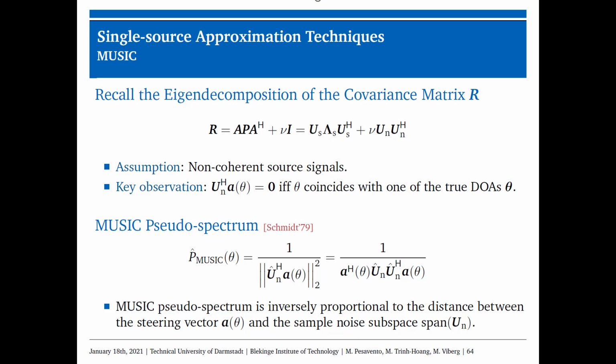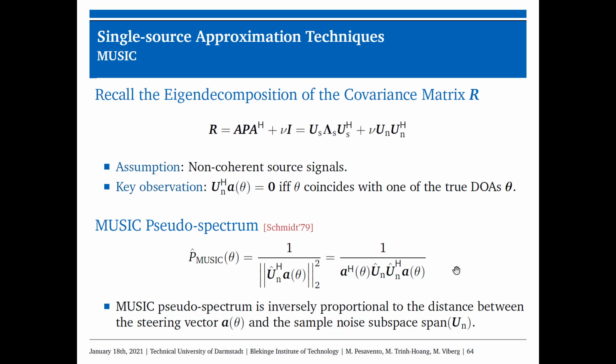This means if we measure the distance between the steering vector A and the sampled noise subspace UN hat, and we take its inverse, this value will be large near a true DOA. And this is actually the original derivation of the MUSIC pseudo-spectrum from the perspective of the noise subspace.